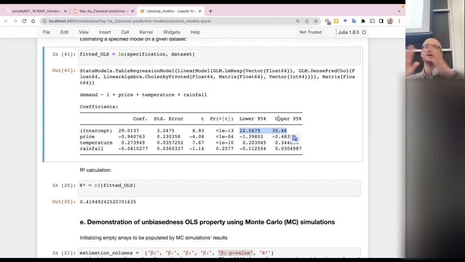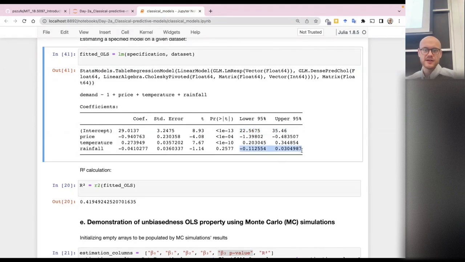So having not a point estimate but an interval, stating that with high probability of 95%, the true value, which you do not know when working on real data, will be within this confidence interval. We can see that this confidence interval is not very narrow, but not very wide either. So it's a good value.